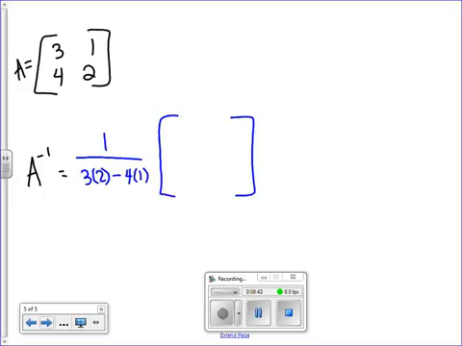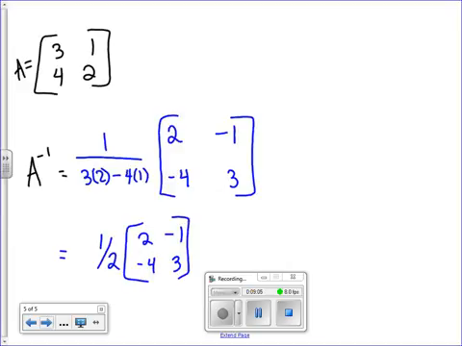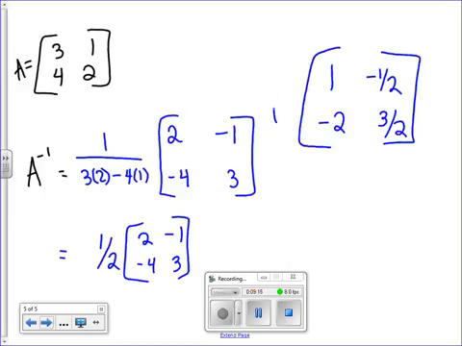And then what's going to go in there? 2, negative 4, negative 1, and 3. Okay, so now let's simplify it. What does this end up being? 1 over 2, so that's 1/2 times all of this, which is 1, negative 1/2, negative 2, and 3/2. That is your inverse right there.